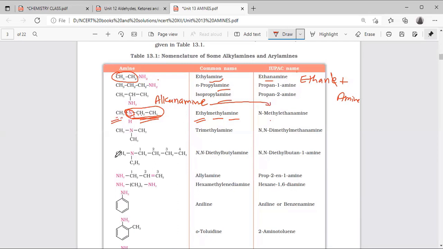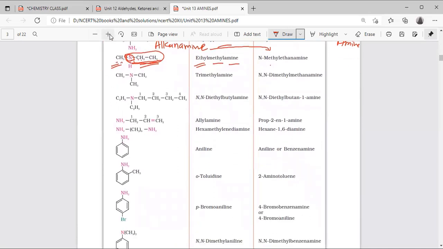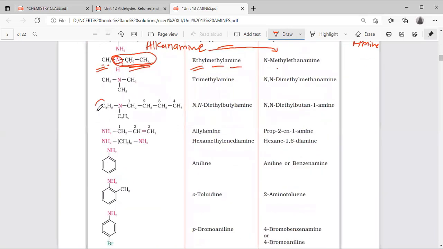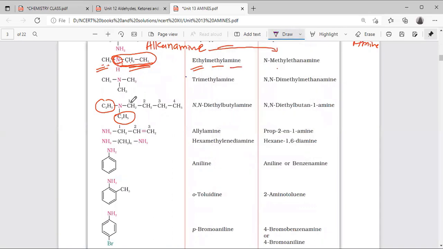This is the substitution. So similarly, you can see this compound. Ethyl substituents. What is the long chain here? This is the long chain, and along with the long chain, nitrogen is there.